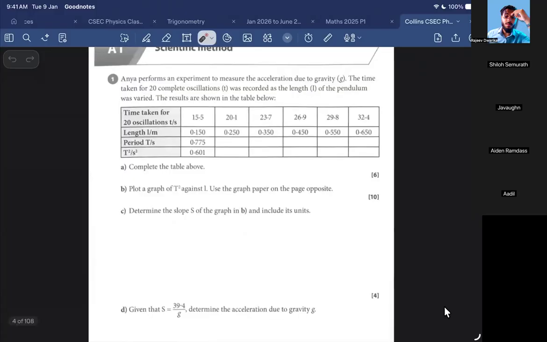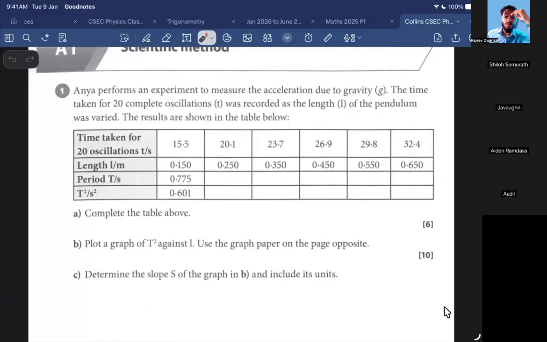Alright? So, let me just give it a go, right? Shiloh? Get the question right from her. Anya performs an experiment to measure the acceleration due to gravity, g. The time taken for 20 complete oscillations was recorded as the length L of the pendulum was varied. The results are shown in the table below.